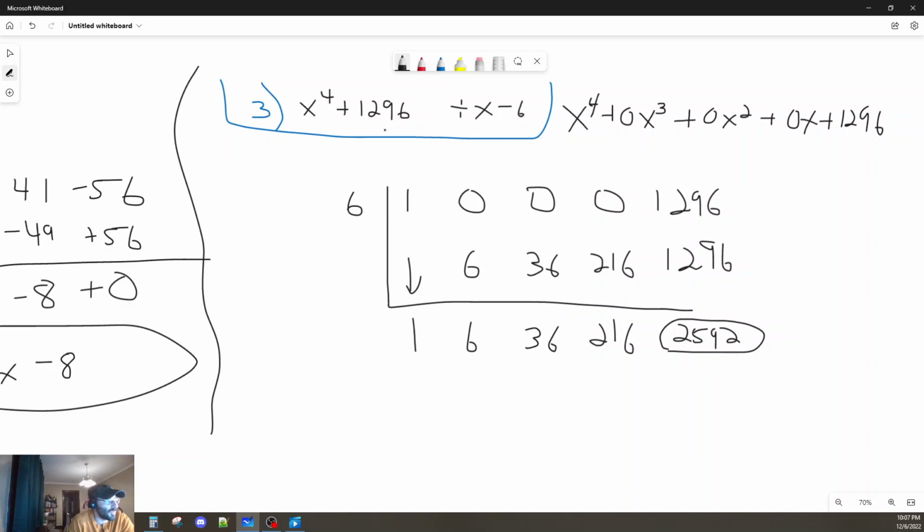Okay, so remember we started with x to the fourth. We're going to start with 1 less. So instead of x to the fourth, this is going to be 1, the coefficient's 1, x to the third. We go 1 less, from the fourth to the third.